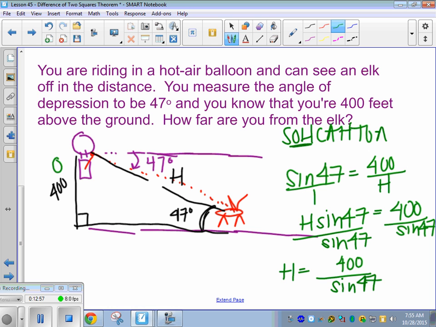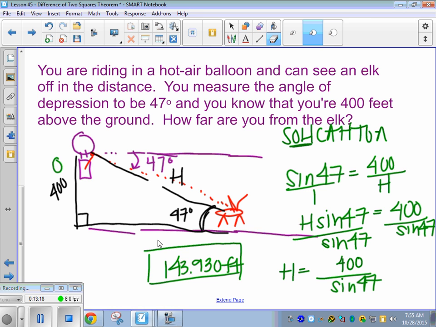So someone with calculator. 3 decimal places, Leo. Feet. Does everybody agree? 530? 5, 4, 6. Oh my gosh, what was I hearing?